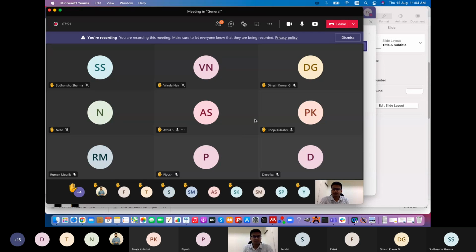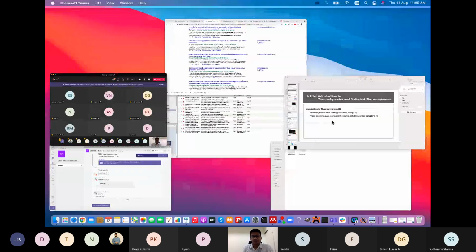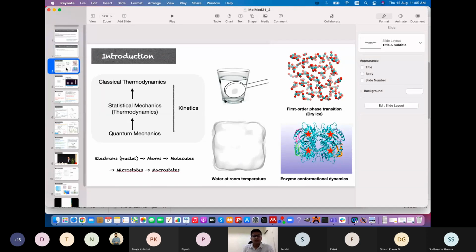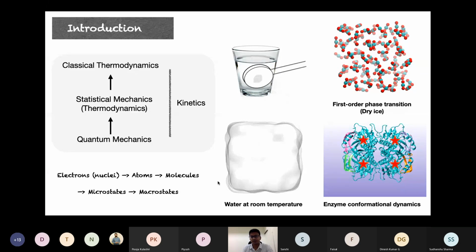I guess materials and biology, anyone here? Okay, so I got an idea. That will help me design the course content accordingly. I will try to make a generalized one so that everyone can get the concepts, and then from there we'll start a few advanced topics and try to cover the main parts.